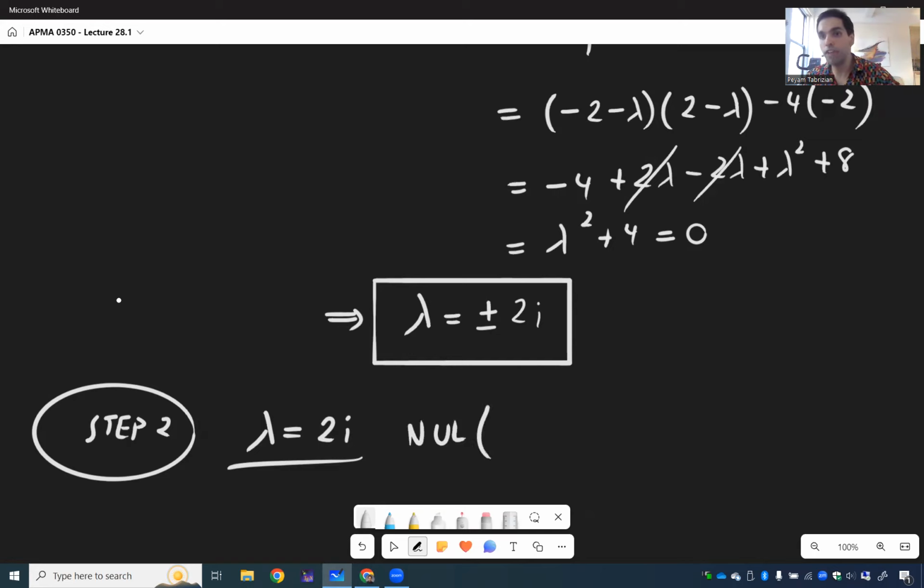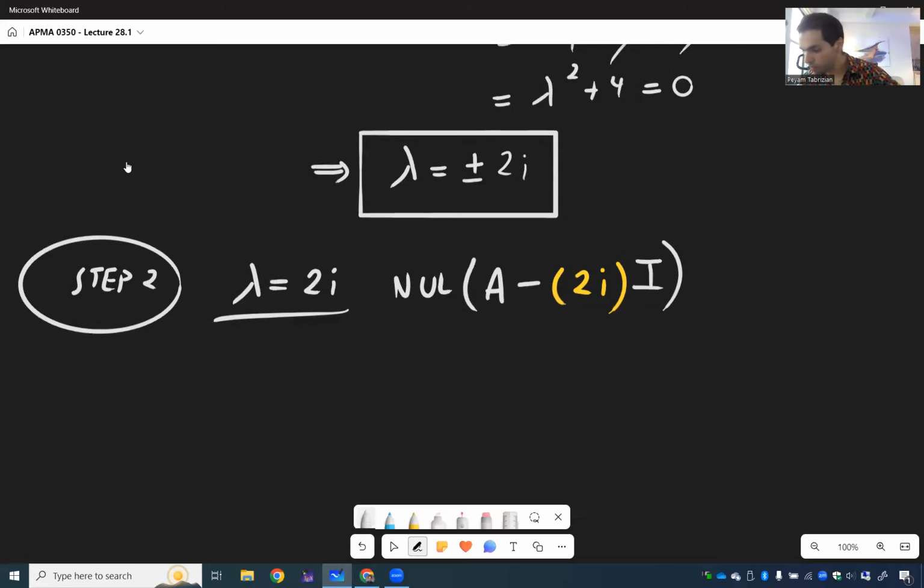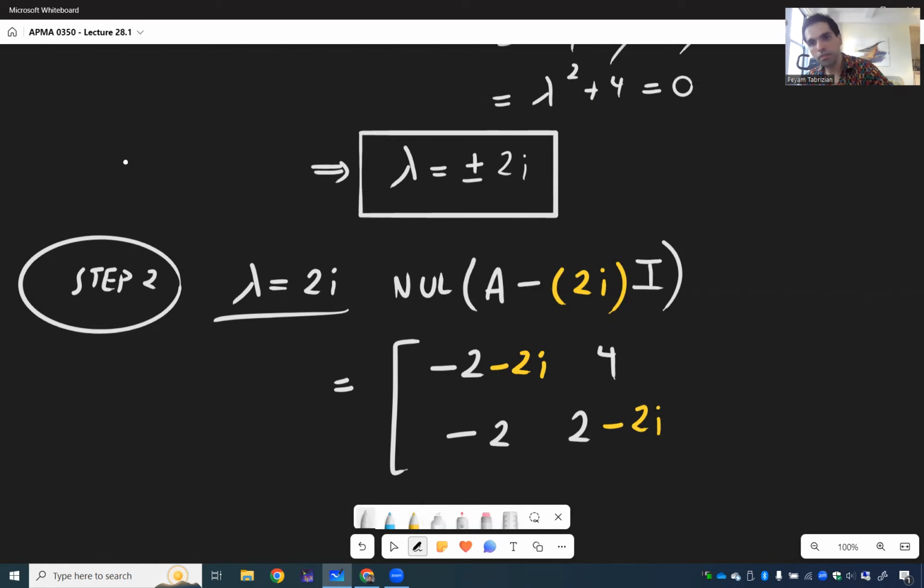And let's do the null space of A minus lambda I. So A minus 2i I becomes [-2 minus 2i, 4; -2, 2 minus 2i], and then 0, 0, because we're doing the null space.